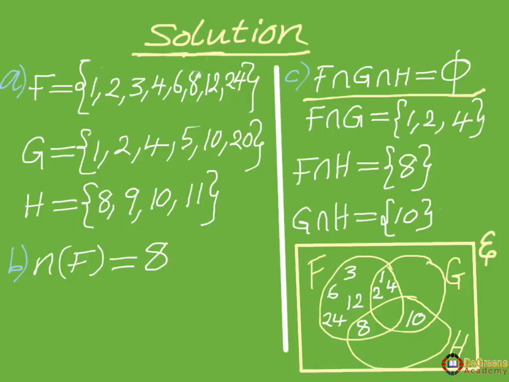And taking the set G, discover that we have already written the values 1, 2, 4, 10 in that circle. So the remaining values 5 and 20 fall in the region for G only in order to complete the elements of G.